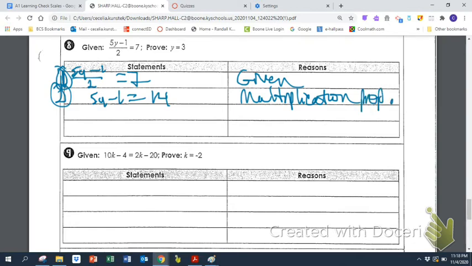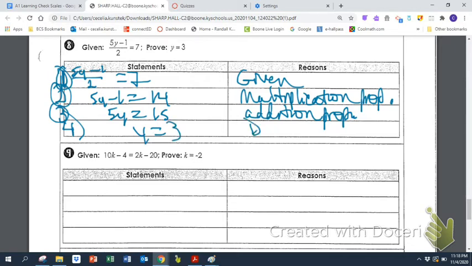After we do that, we are going to add 1 to either side. So that's going to give us 5y is equal to 15. That's our addition property. And finally, to get the y by itself, on step 4, we're going to end up with y is equal to 3. And how did that happen? Well, that's our division property.